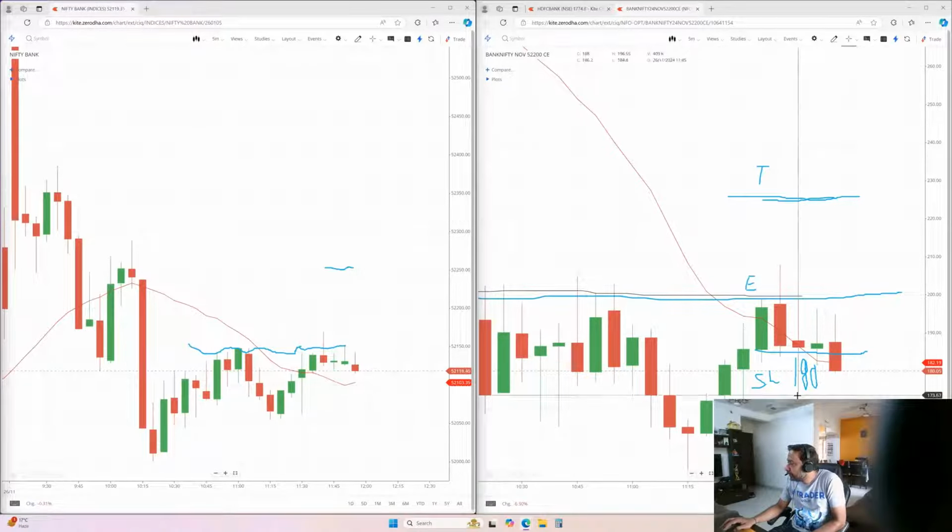Basically, we were just discussing about one CE position in which we just hit our stop loss of 180. So it's just a paper trade for learning. Our assumption was Bank Nifty will cross this 150 level and test at least 250 level. Based on that, we entered around 225, 230 or 240. So it just made a spike at 180 and again it is trying to move up.